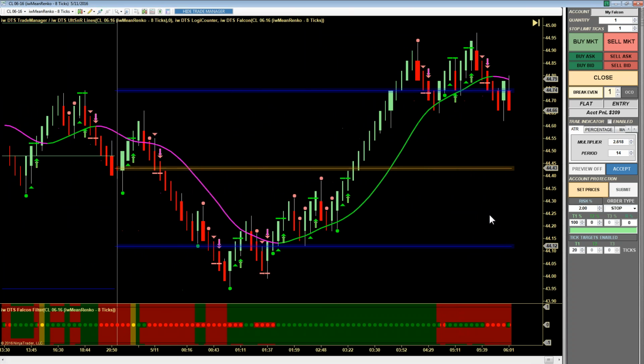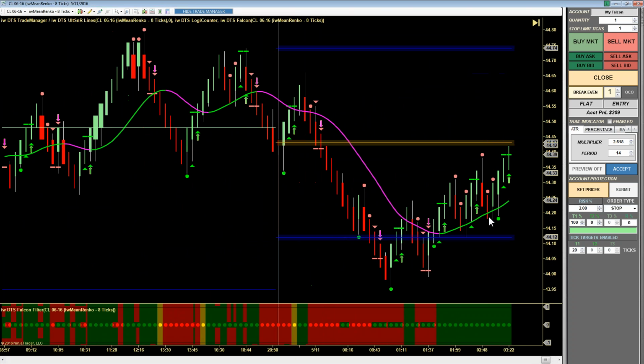We had a trend change signal right here in crude oil. Again, the trend line changing color. And as I pointed out earlier, we get this little characteristic up, down, up pattern. That tells us it's time to buy the market. So the buyers force the trend line color to change. The sellers try to get it back, and then the buyers say, oh, no, you don't.